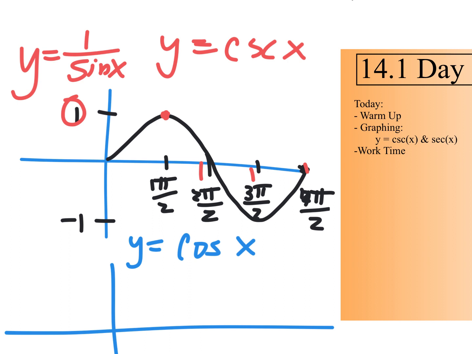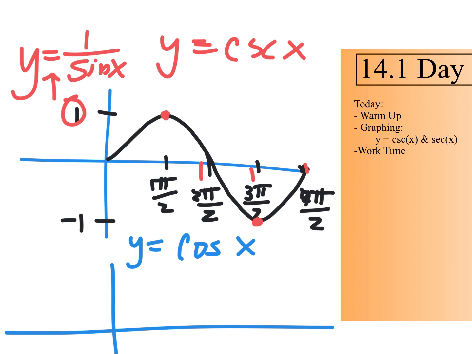So that and this spot are the only two spots, 1 and -1, where cosecant is right on top of sine. Because at that exact spot, we're doing 1 over the y values. At those spots, it'll stay the same.